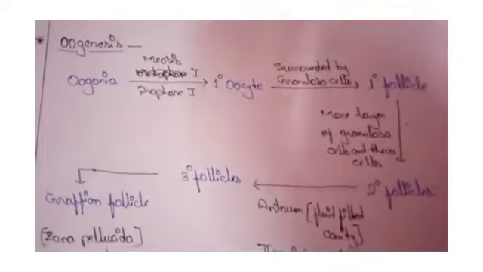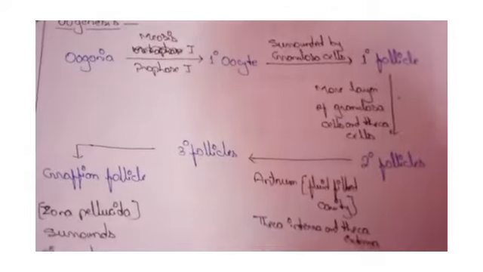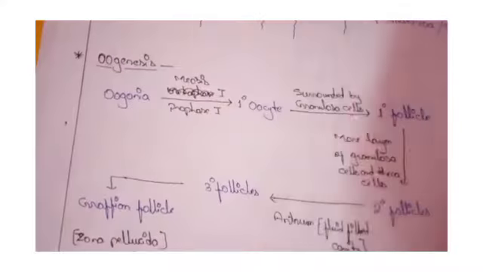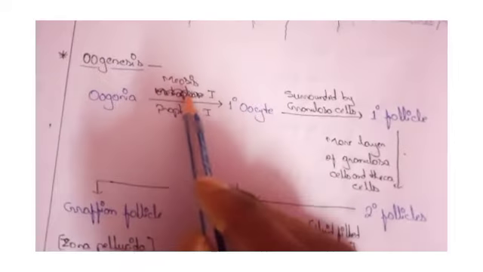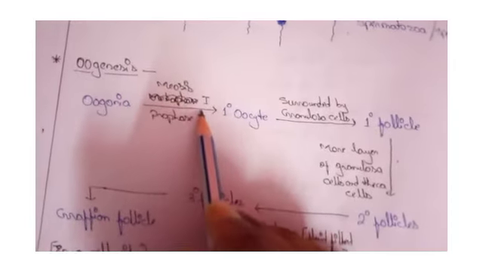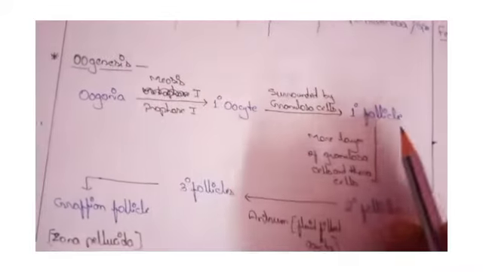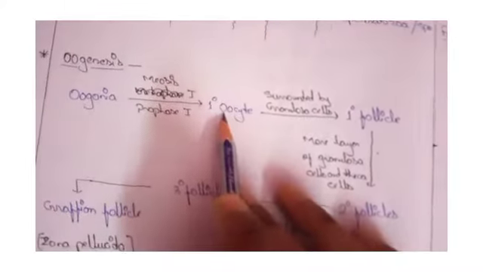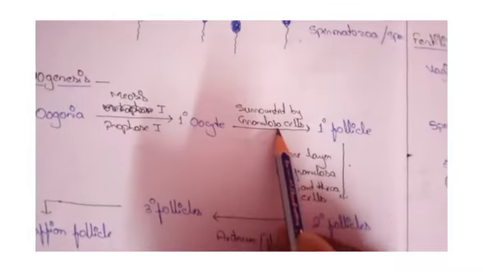Okay. Our next topic is oogenesis. Oogenesis occurs in the female reproductive system. Oogonia form oocytes by meiosis 1. Then the primary oocyte forms a primary follicle surrounded by granulosa cells. Then the primary follicle forms a secondary follicle.